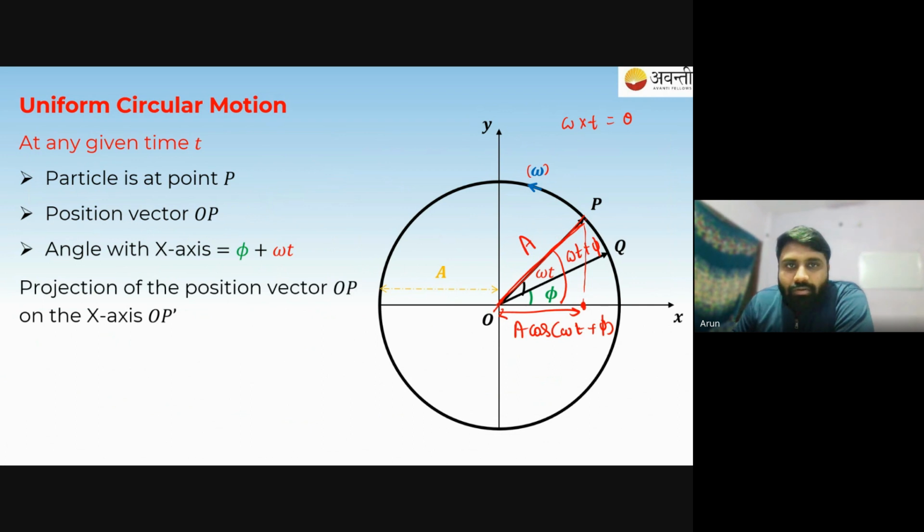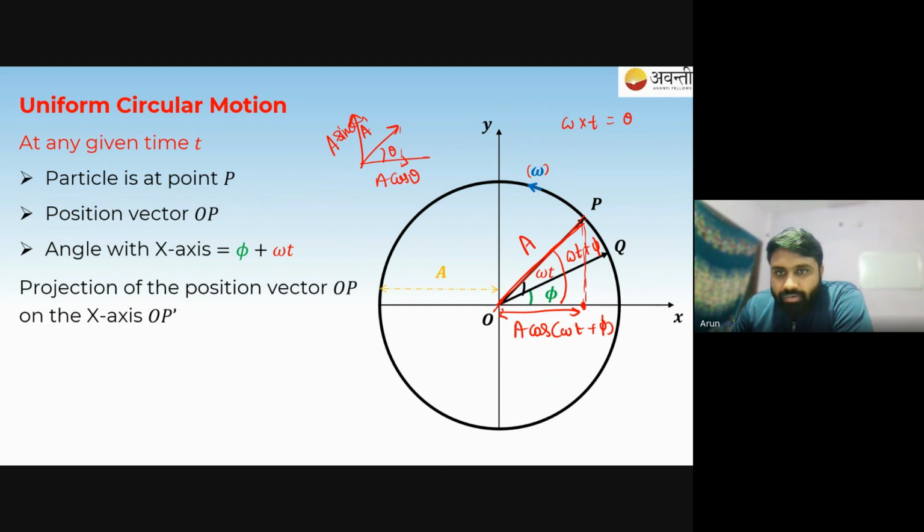How do we write the component? If this is vector a and this angle is theta, the component in the x direction will be a cos theta, and in the perpendicular direction it will be a sin theta. Same thing we are doing here.